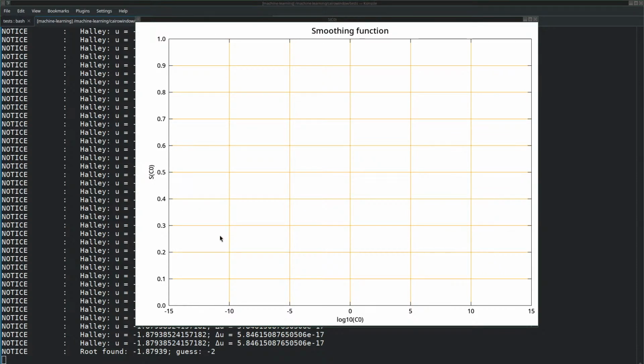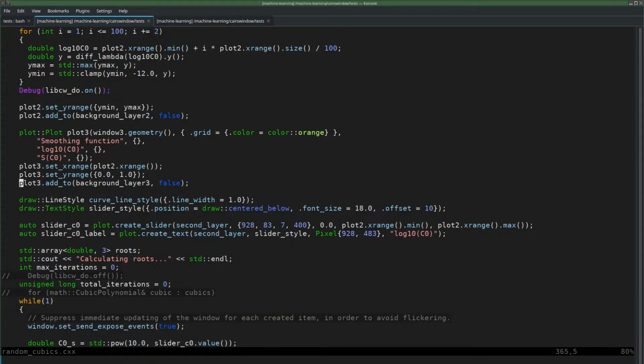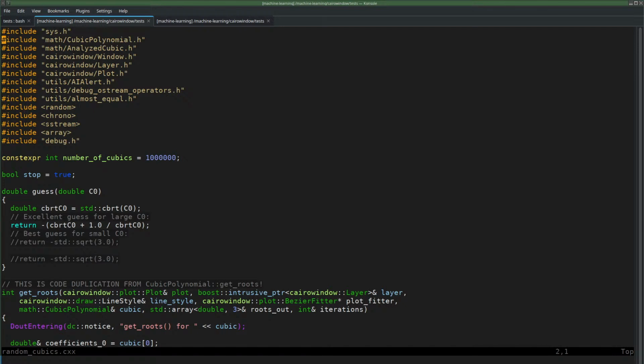The S of C0 and the log 10 of C0. Let's use the small one again. At least then I don't have those artifacts.